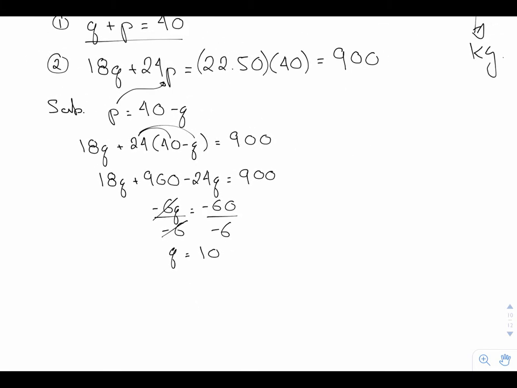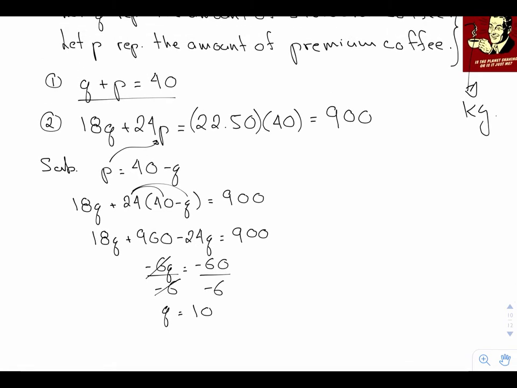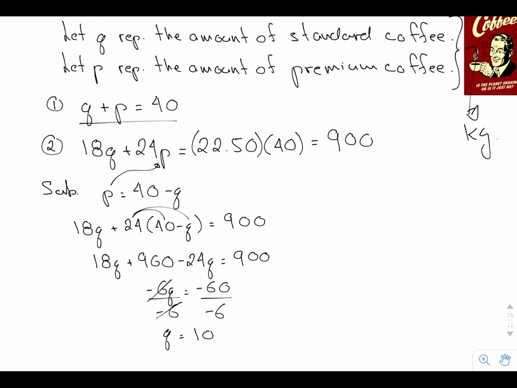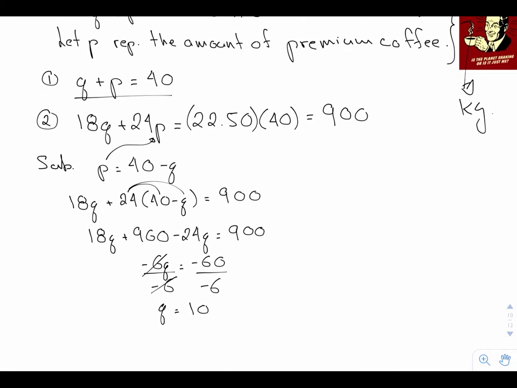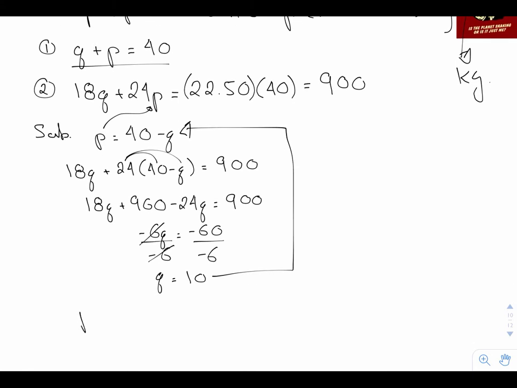So I need 10 kilograms of Q being the standard blend, and therefore for the premium blend, I just take this Q, plug it back into the equation here, and solve for P. In this case, P is equal to 40 minus 10, and that gives me 30 kilograms.